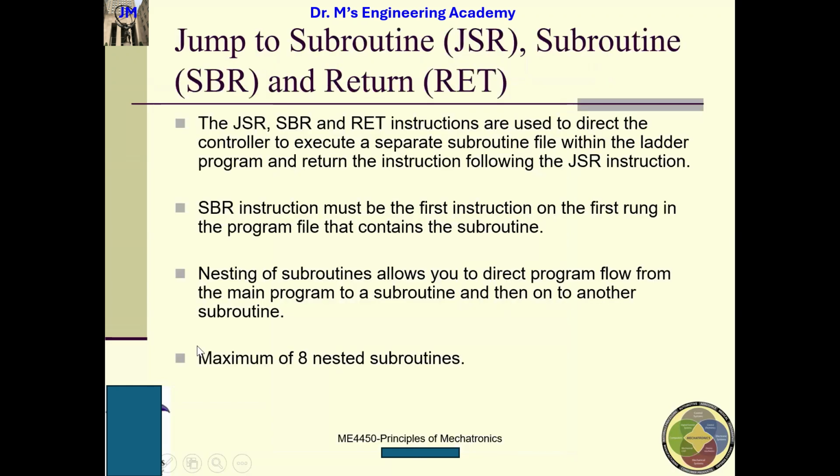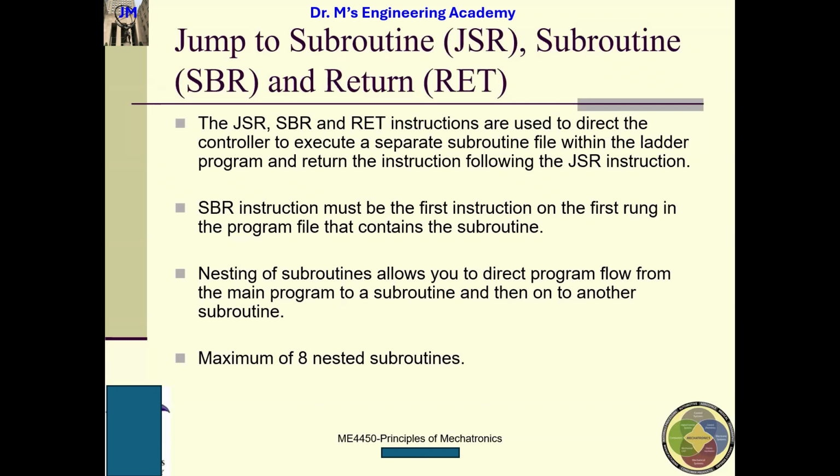And then we talk about the subroutine, SBR, and this is the return. They are used to direct the controller to execute a separate subroutine file within the ladder diagram and return to the instruction following the JSR instruction. The subroutine is a function, as I told you guys.